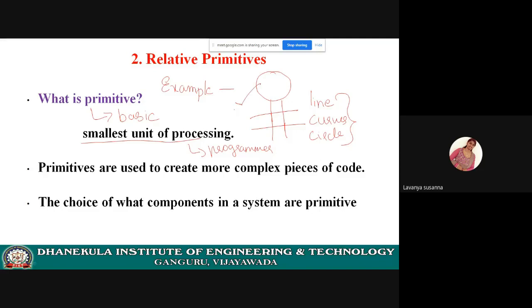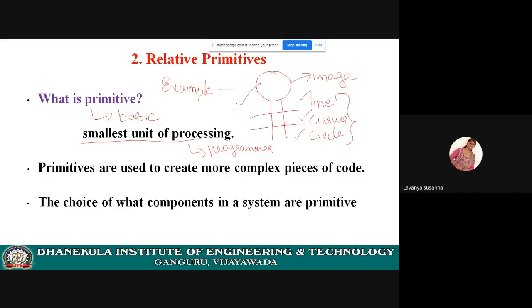I had drawn horizontal lines, vertical lines, and a curve or circle. When I join these lines, curves, and circle, an image is formed. So what are the primitives of this image? Line is a primitive, curve is a primitive, circle is a primitive.